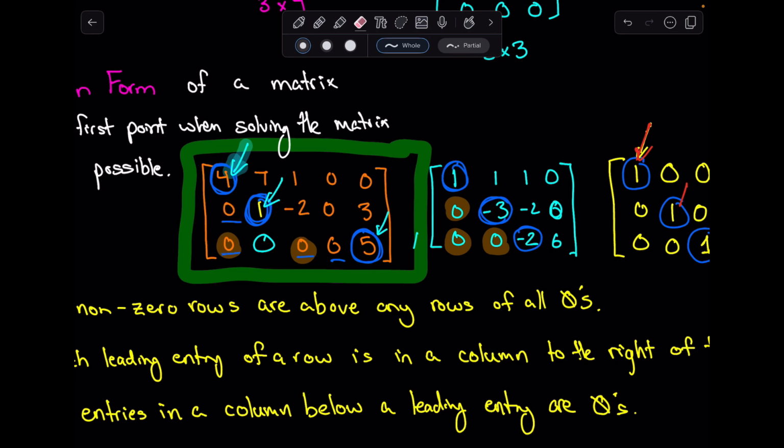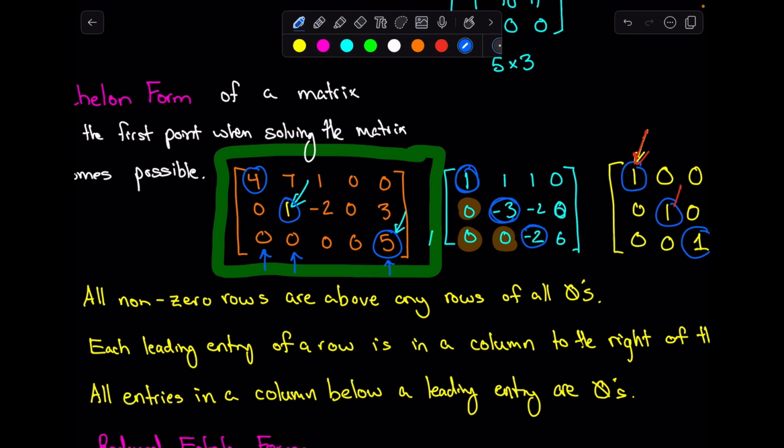Let me erase some of the extra stuff that I have written here so it's a little more clear. Okay, so 0, 0. That's a pivot, that's a pivot, and that's a pivot. And then each of these columns, column 1, column 2, and column 5, are pivot columns. Everything else is just kind of generic.